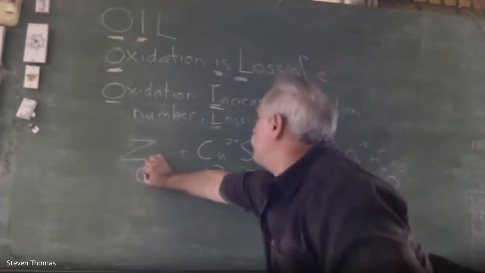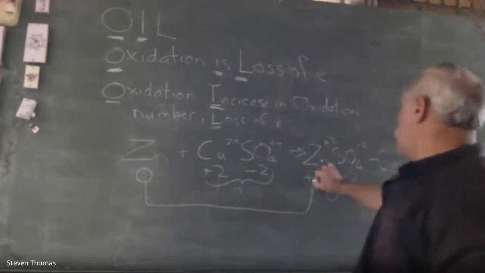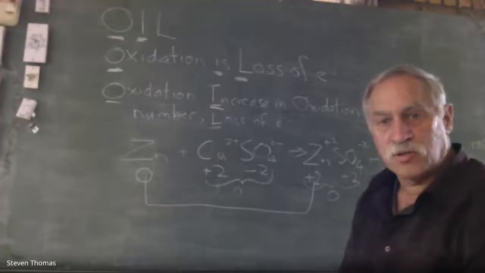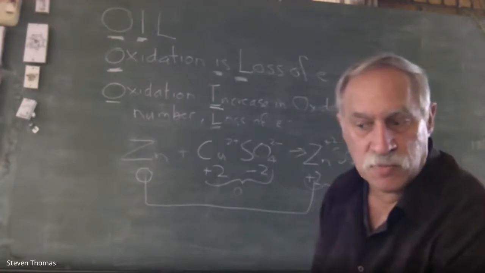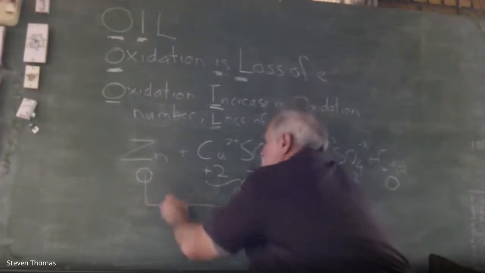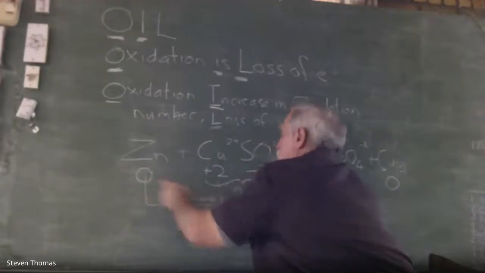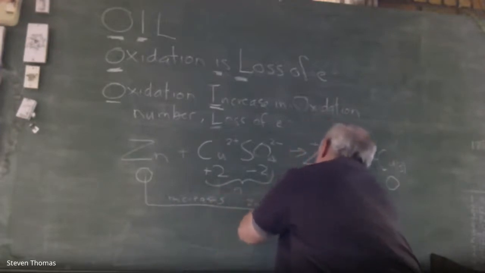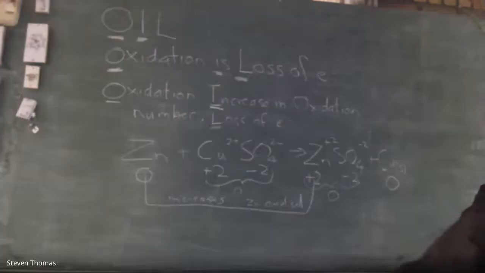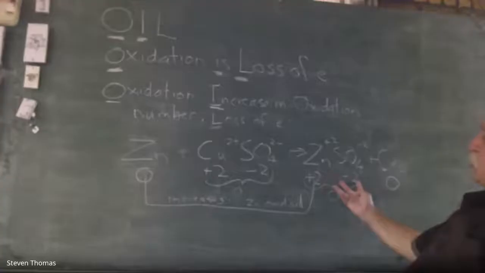So zinc went from 0 to what? +2. So was zinc oxidized or reduced? It went from 0 to +2, so we say it increased. So what is an increase in oxidation number? It means, therefore, zinc oxidized. Now let's see what was reduced. Was the sulfate reduced?